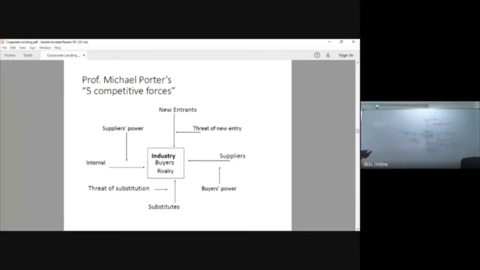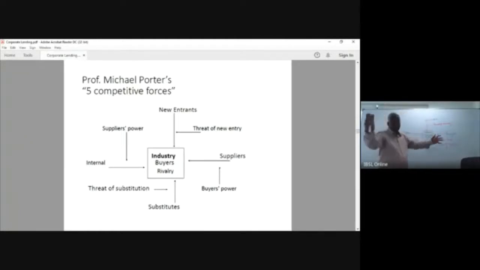These are the 5 forces. So Professor Michael Porter said that in an industry, there are 5 forces. These 5 forces decide the competition within the industry. So what are those 5 forces? Internal rivalry is one force, the threat of new entry is another, the suppliers' power is another, the buyers' power is another, and threat of substitution is another force.